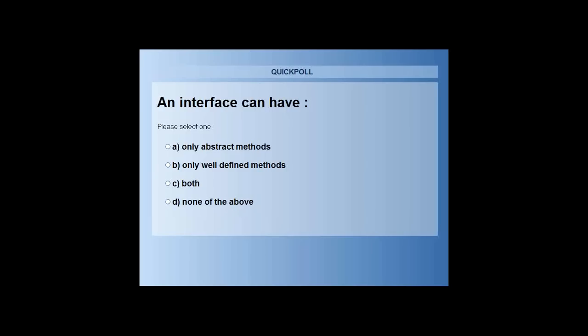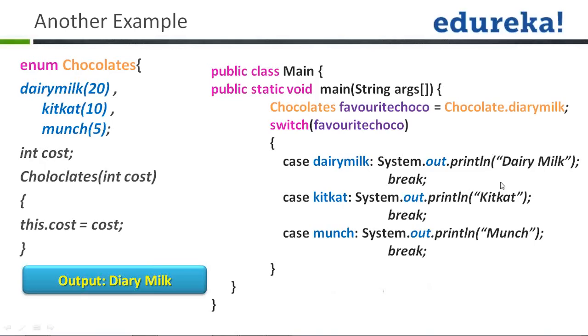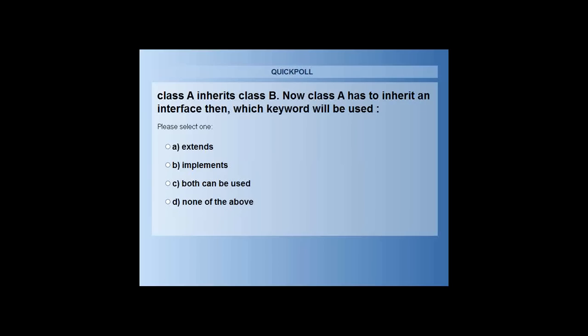Okay, so all of you remember this. I move on to the second question. Class A inherits class B. Now class A has to inherit an interface. Then which keyword will be used? Will it be extends? Will it be implements? Can both be used or none of the above? All of you give your answer. Only 10% of the people have voted.